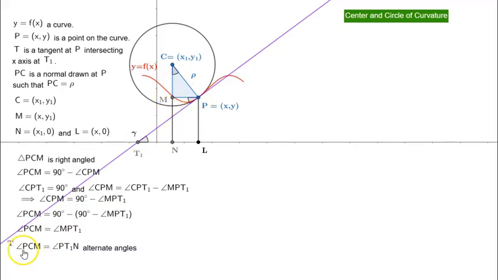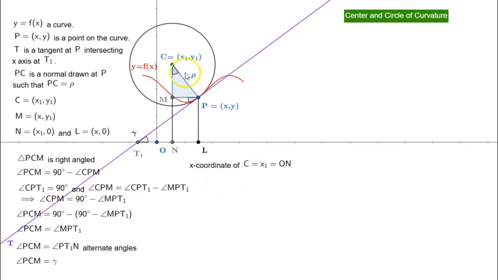That means angle PCM is equal to PT1N. Now you notice this is the angle made by the tangent with the x-axis, which we usually mark as gamma. Since it is equal to angle PCM, we can say PCM is equal to gamma.